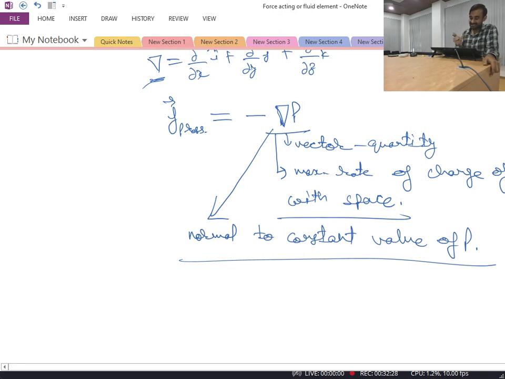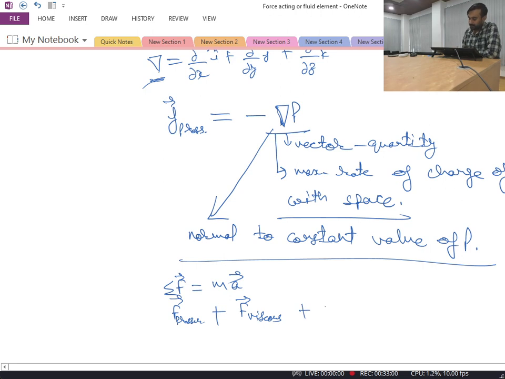When we extend this to a fluid medium, from Newton's law of motion, we say that the sum of all forces is equal to mass into acceleration of the fluid medium. Typically for a fluid medium, there will be some force because of pressure. Then if the fluid is in motion, there will be viscous forces also, because of the shear stress.